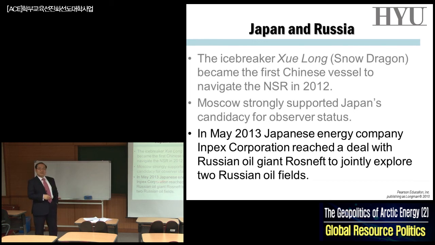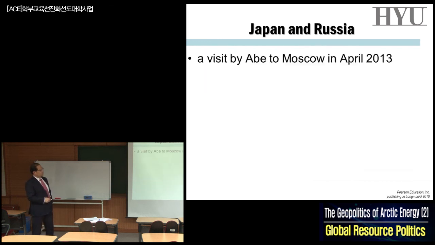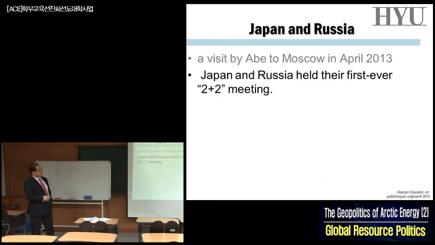In May 2013, actually unnoticed by Korea and China, a lot of things happened between Japan and Russia. A Japanese company signed a deal with the Russian oil company Rosneft over the exploration of Russian oil fields. And Abe visited Moscow in April 2013. Then there were several exchanges of visits.